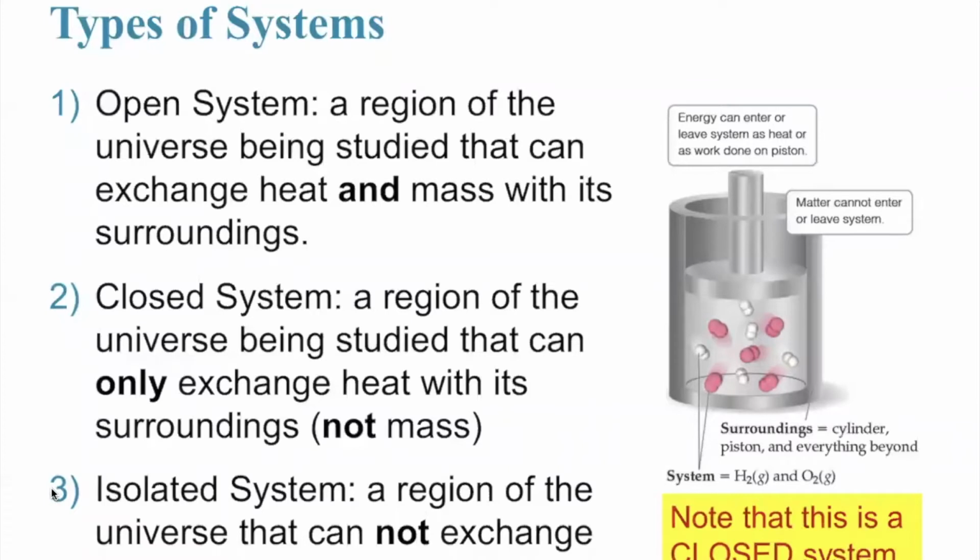Then we have an isolated system, the third type, in which neither energy nor matter is exchanged with the surroundings. We are not exchanging heat or mass. It's just isolated.